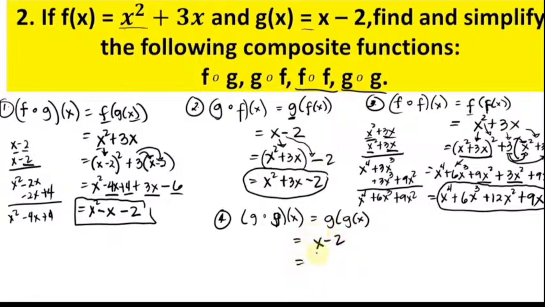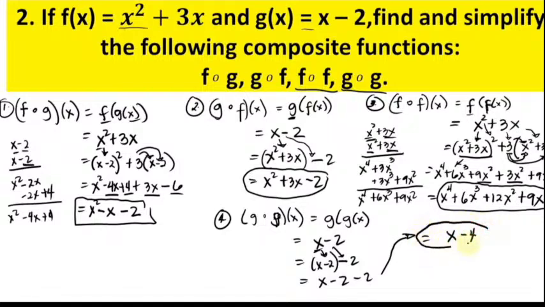Then we just replace again the value of x in g of x. So that is x minus 2. This is the value of our x. Subtract minus 2. So that is x minus 2 minus 2, which is equivalent to x minus 4. So this is our final answer.